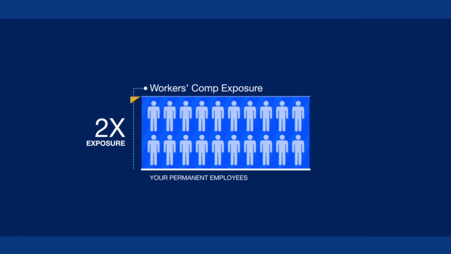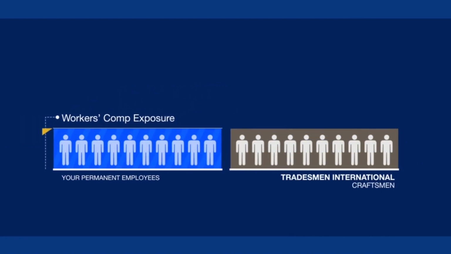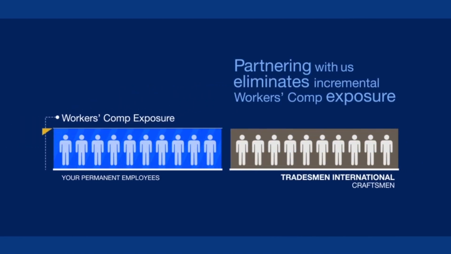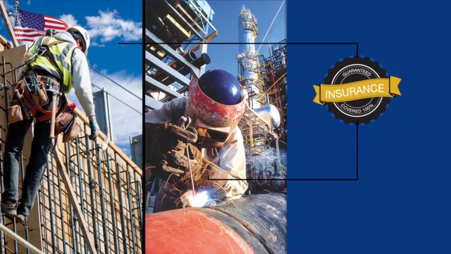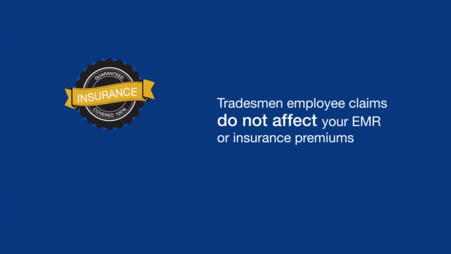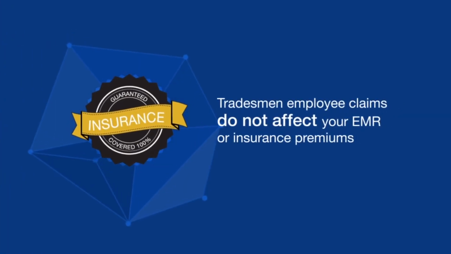That's double your exposure. Instead, when you use Tradesman's craft professionals for those 10 additional workers, you eliminate any incremental workers' compensation exposure. Why? Because our safety-minded employees are covered under our workers' comp insurance. As a result, a claim filed by one of our employees does not affect your experience modification rate, nor does it impact your insurance premiums.